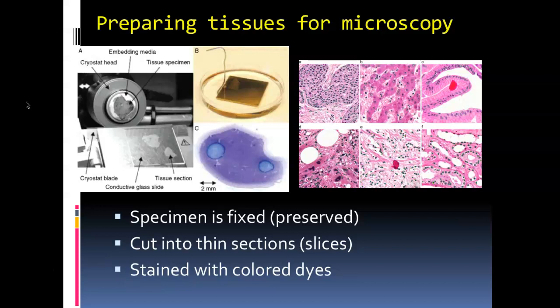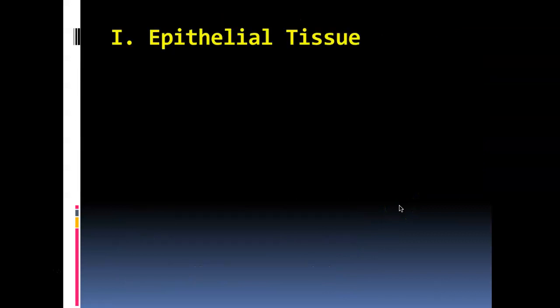If you were in the classroom, we would do today's activity using an actual microscope and slides, but today you're just going to pretend that you've looked at them under a microscope and that's what you're actually seeing. So everything you look at today, all the pictures that you see, will have been preserved, cut into slices, stained, and then put on a slide for you. So just so you know, that's what you're actually looking at today.